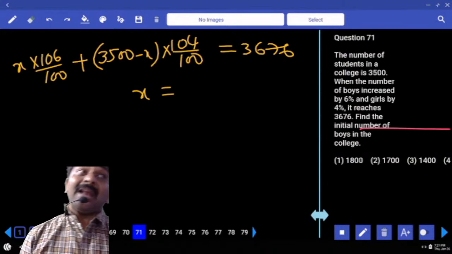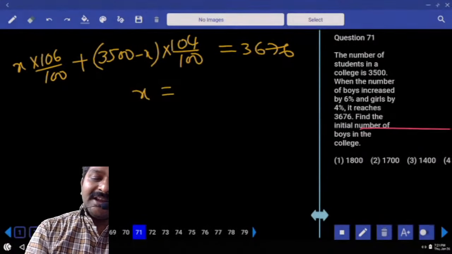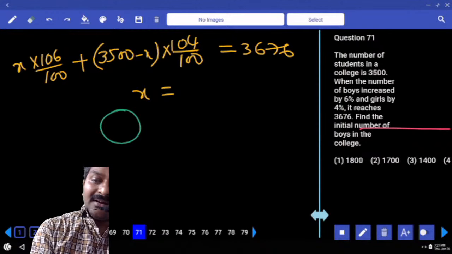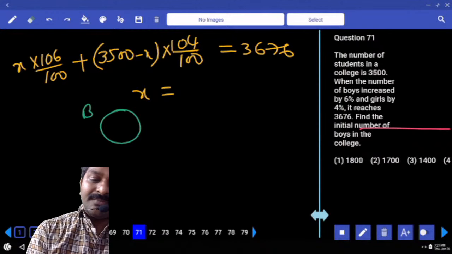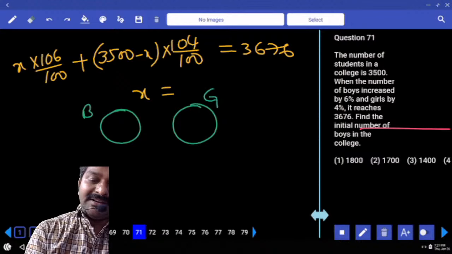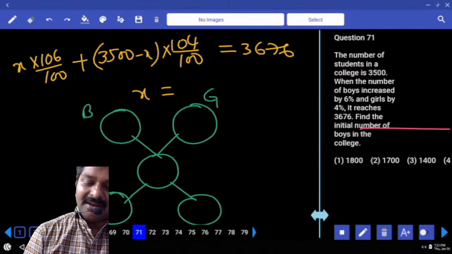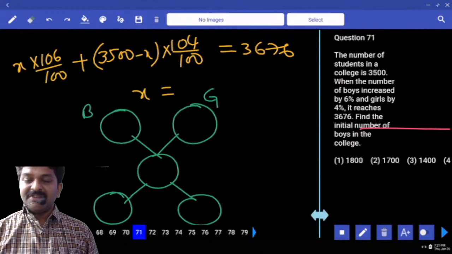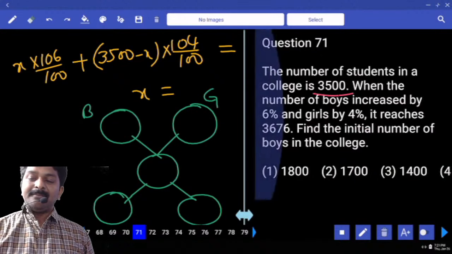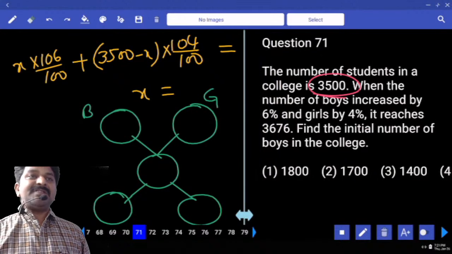We can go with the alligation method. Mixture and alligation. These are boys. These are girls. When you mix them, you will get the class. And here is your alligation. Correct? Right. So initially, how many people are there? 3,600.